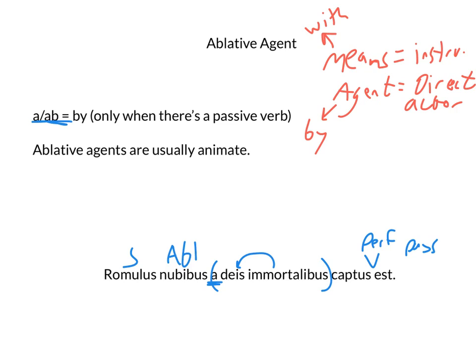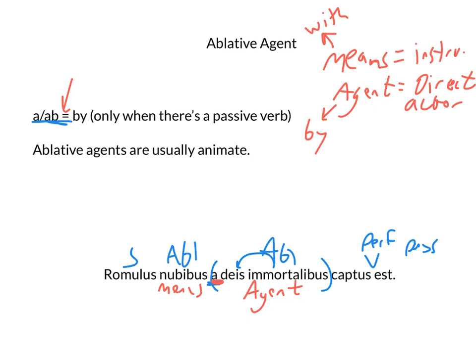Now, how do you translate these ablatives? Because we have two sets of them. Well, we have to answer which one's the agent. Well, the agent has an a or ab. And so you can say, oh, there's the a, this one must be the agent. This one must be then the means. And you can check that by saying, okay, well, clouds aren't animate. They're misty things.